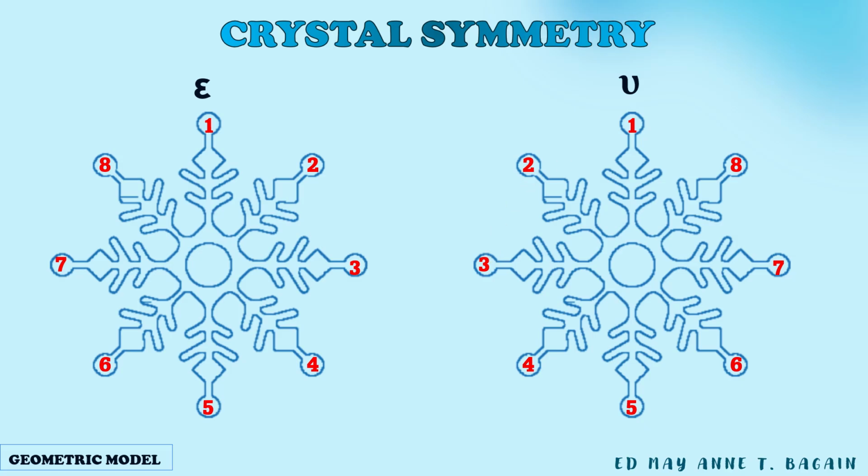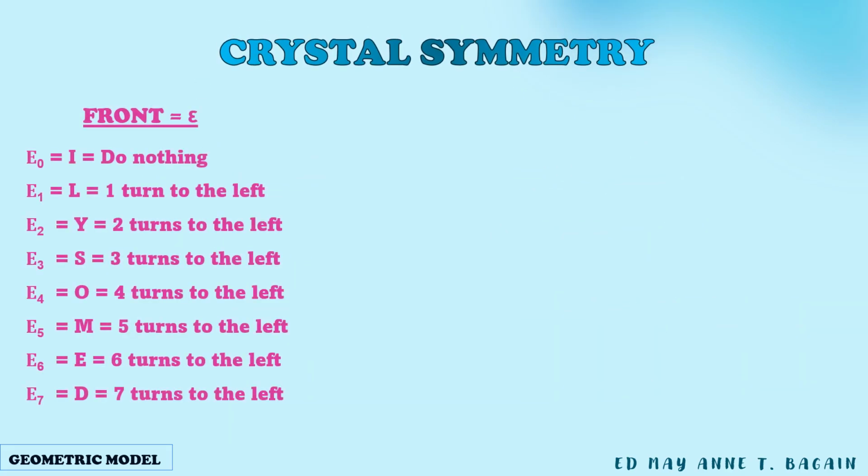So for the front, epsilon sub 0 is equal to I, epsilon sub 1 is equal to L, epsilon sub 2 is equal to Y, epsilon sub 3 is equal to S, epsilon sub 4 is equal to O, epsilon sub 5 is equal to M, epsilon sub 6 is equal to E, and epsilon sub 7 is equal to D. So instead of using ILYSOMED, we will be using epsilon from sub 0 to sub 7.